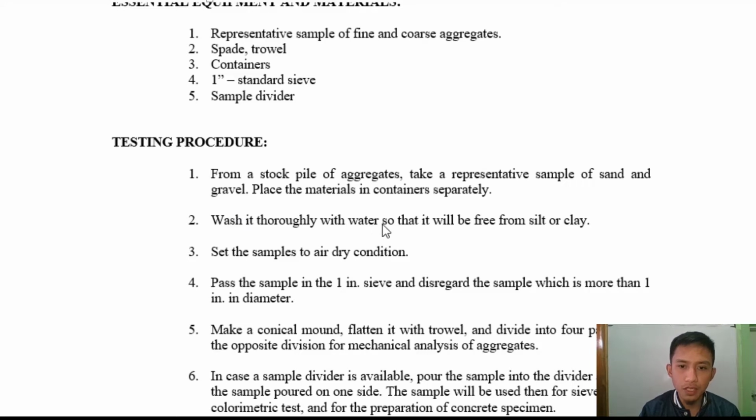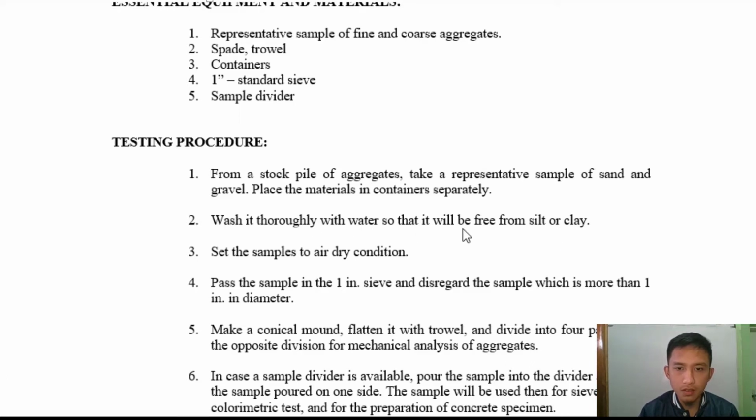Wash it thoroughly with water so that it will be free from silt or clay. We discussed in the lecture the reason why we try to get rid of silt or clay in the aggregates that we use in concrete mixes. Since these aggregates are used in the laboratory, they have silt or clay, but the amount is almost negligible.